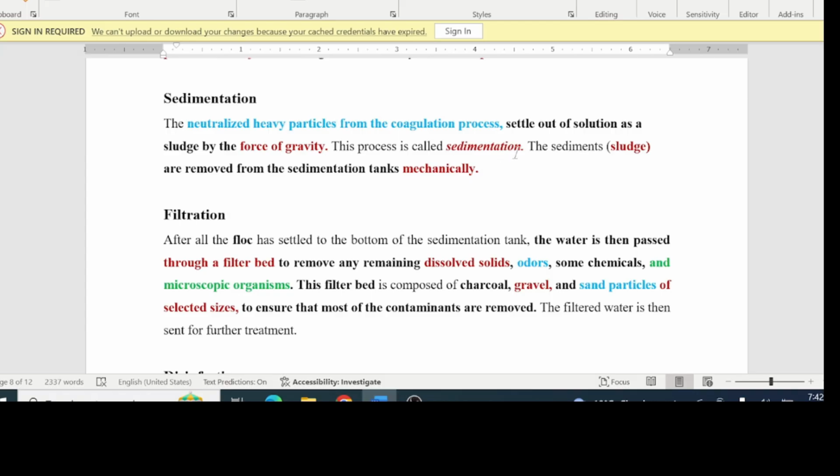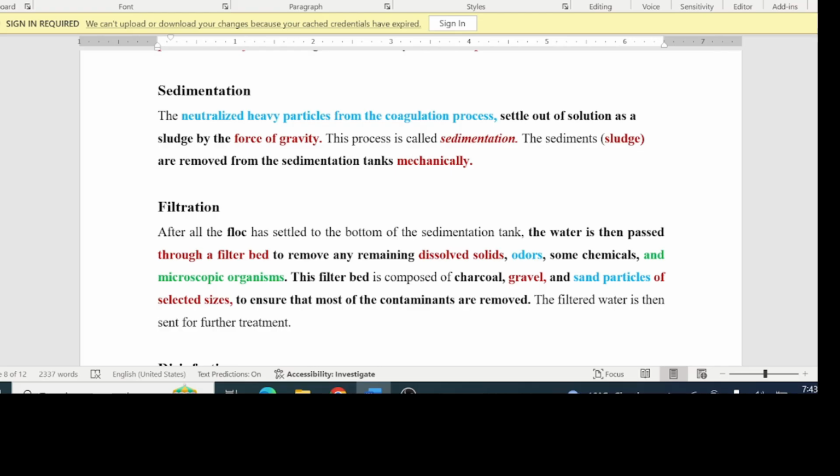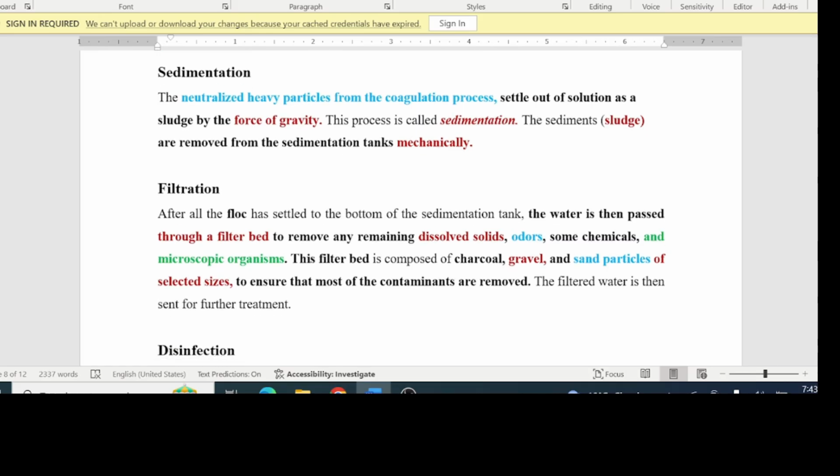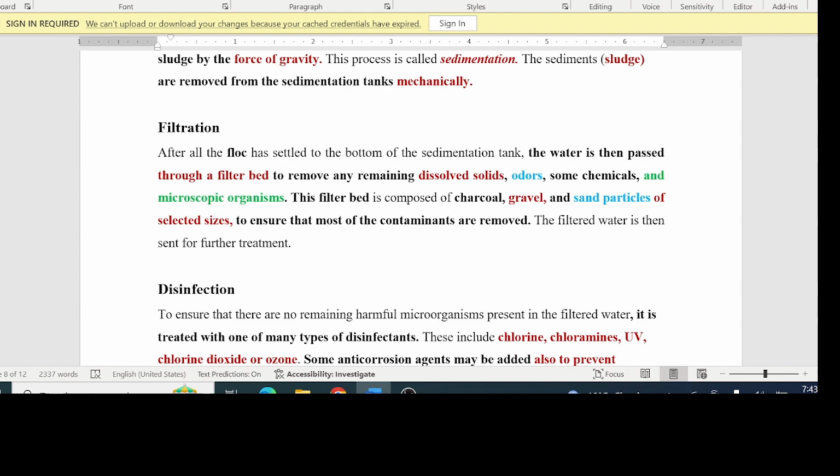This process is called sedimentation. The sediments, sludge, are removed from the sedimentation tank mechanically. So the water now has been cleansed of all those solid particles by sedimentation. Then you have what is called filtration.